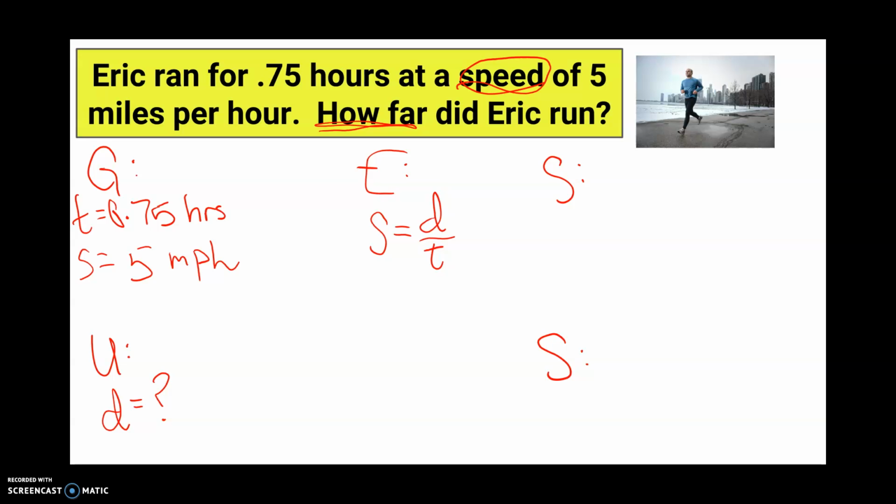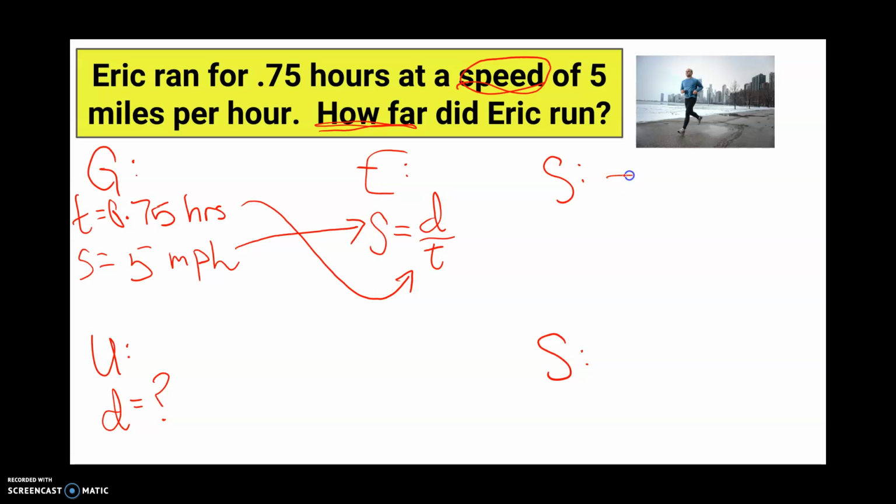And now when I substitute, this number is my speed, so it's going to go here. This number is my time, so it's going to go here. I still plug them in where they belong for substituting. I plug the number in for the letter that it represents.